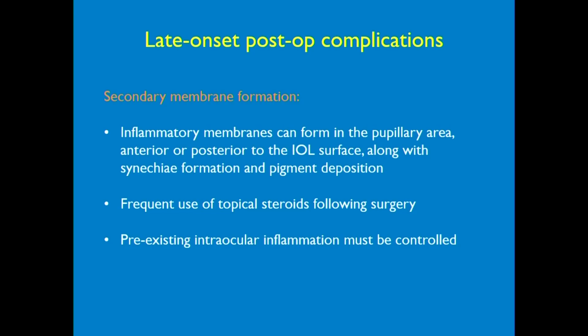It was only 4 times. So they used it only 4 times. That's why if you read through that paper, you'll see that their complication rates were a little higher. We use high dose steroids. We give it nearly every hour, so that reduces the chances of inflammation. And any pre-existing intraocular inflammation has to be controlled before you take up the child for surgery.